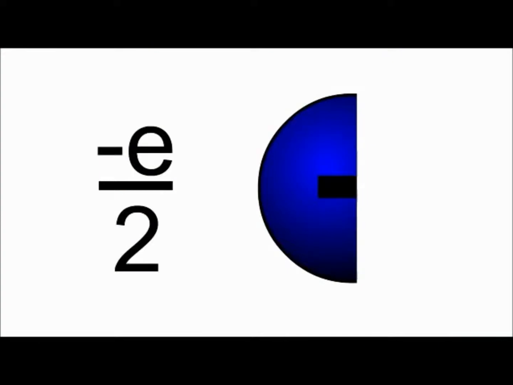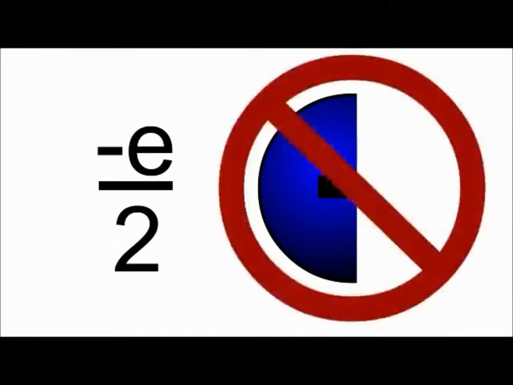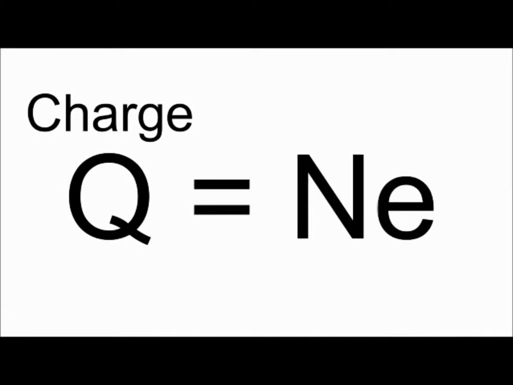The charge on the electron is the smallest amount of charge you can have. You can't have half an electron worth of charge because you can't have half an electron. Also, you can only have multiples of this amount of charge, since all objects are made up of protons and electrons. Charge is given the symbol Q, and it must always be a multiple n of the electron charge.